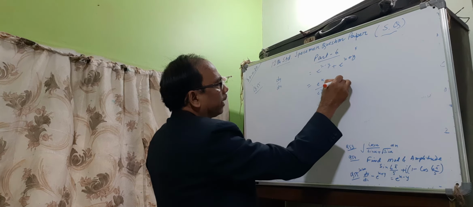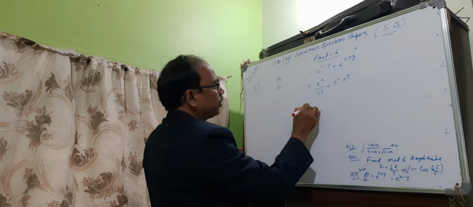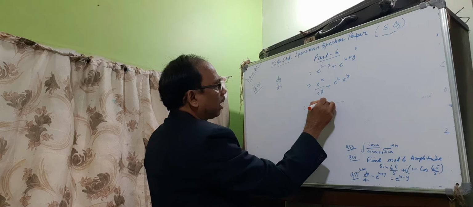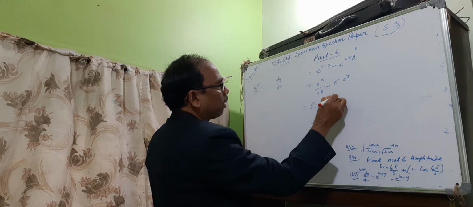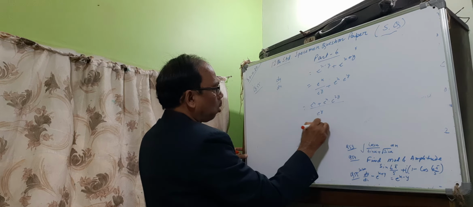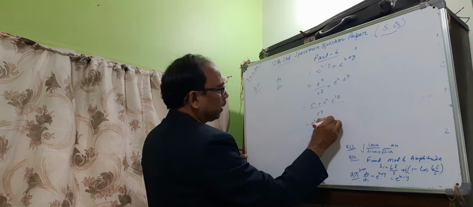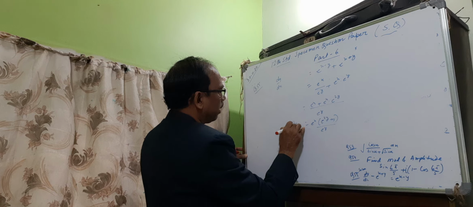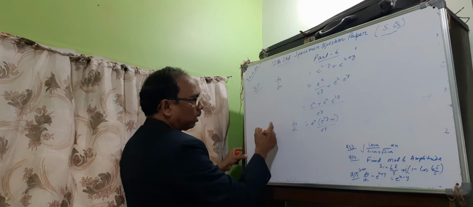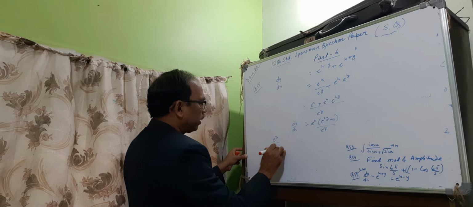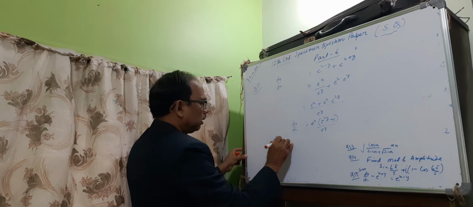Taking the LCM, e to the power x times e to the power 2y plus 1 by e to the power y is dy by dx. Now e to the power y comes up: e to the power y by e to the power 2y plus 1 dy.